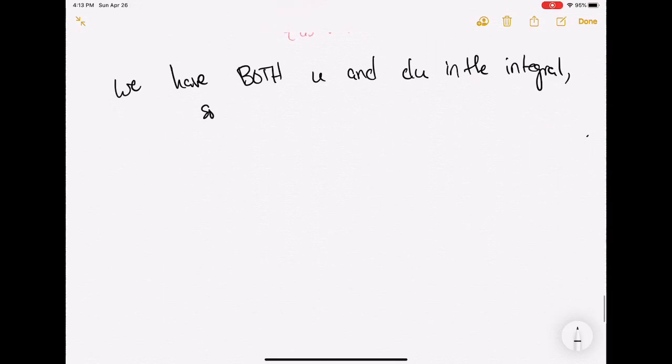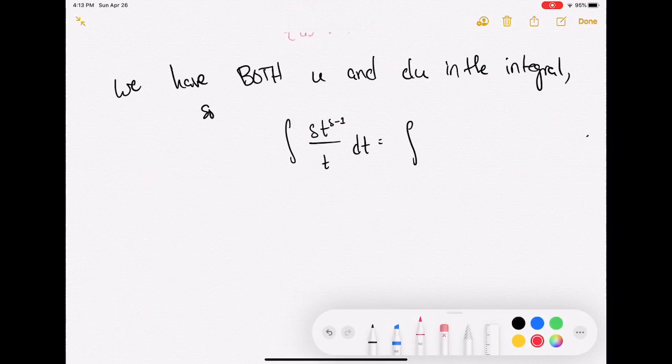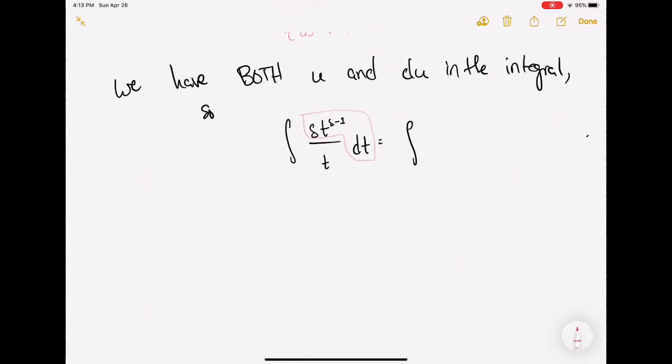So really we don't have to do anything with the du equation, and then the integral of s t to the s minus 1 over t dt equals the integral. This piece is du, and this piece is u. So this becomes 1 over u, this was t to the s, remember, 1 over u du.